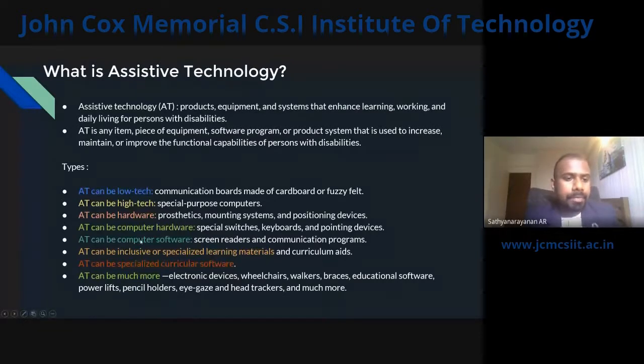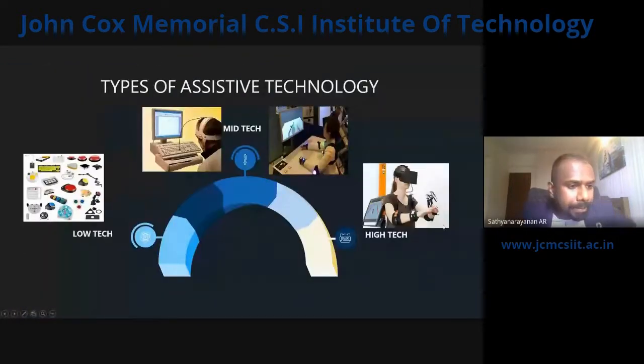Let's look into them one by one: low tech, mid tech, and high tech devices. Various companies produce various applications, like keyboards. Even disabled people have to access the internet, right? How do they access it if they cannot move their hands, or cannot move their head to come to the machine? The machine has to be designed in that perspective so that humans can access it.